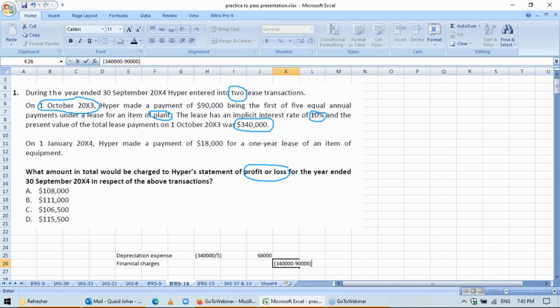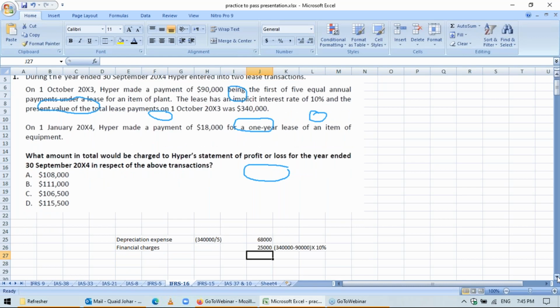So the balance now remaining outstanding at the beginning of the year was 250,000. So 10% will be applied to 250,000. This gives you a finance charge of 25,000. This is what is required in case of lease to the profit and loss account. These two expenses will be recognized: depreciation expense and financial charges.